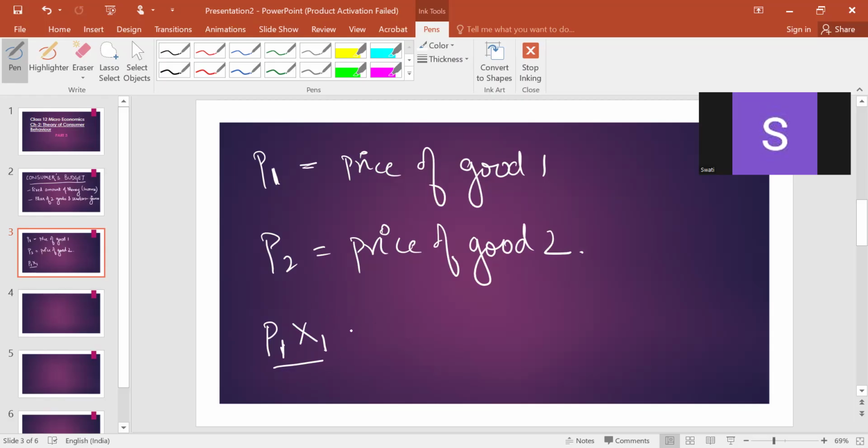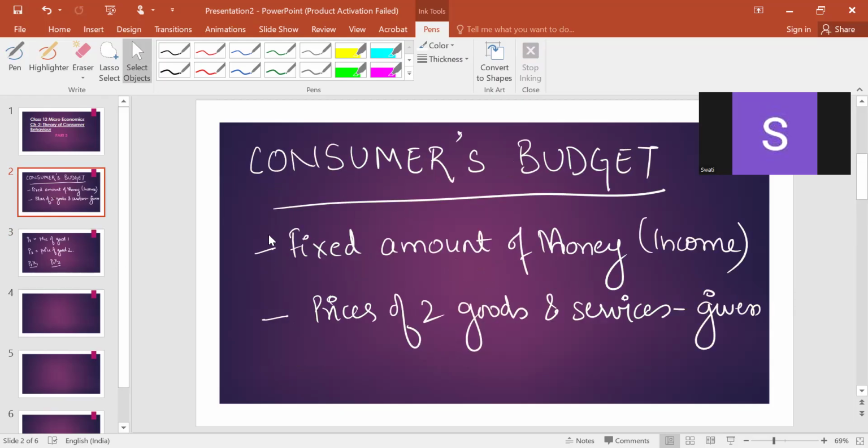Similarly, if a consumer wants to purchase good two, he will have to pay a price of P2 for one quantity of the good. So if he purchases X2 quantities of good two, he will have to pay P2X2 amount.